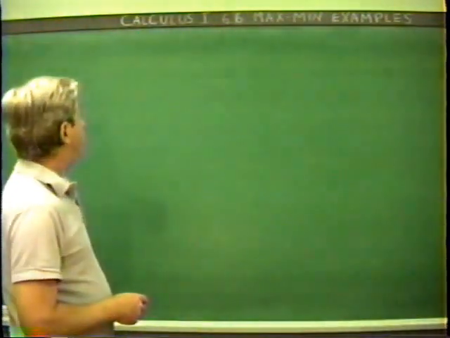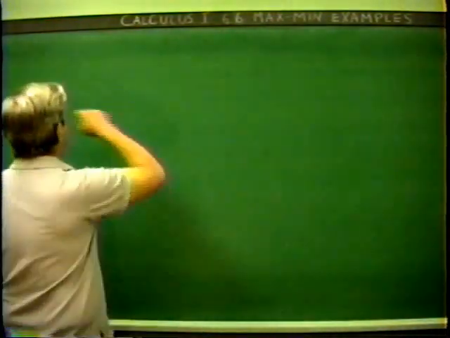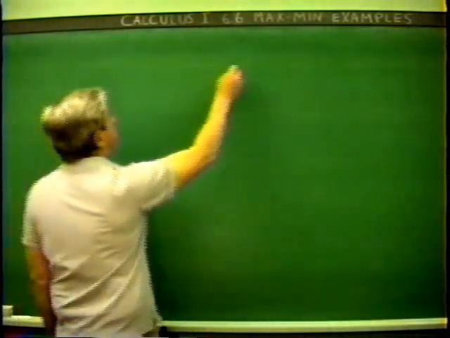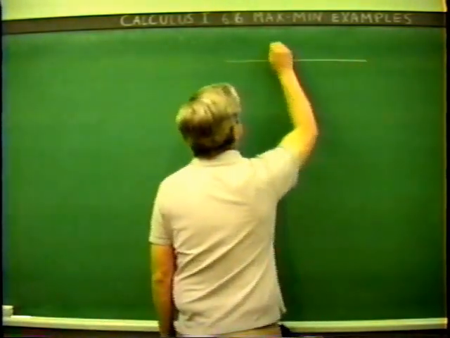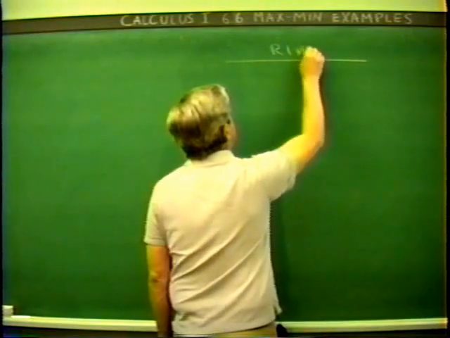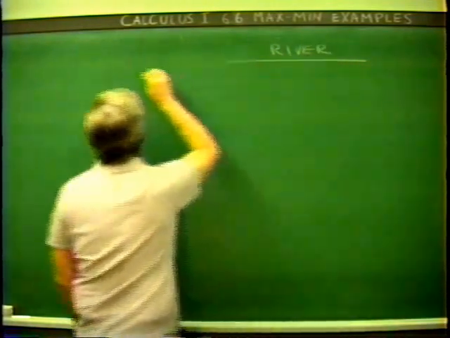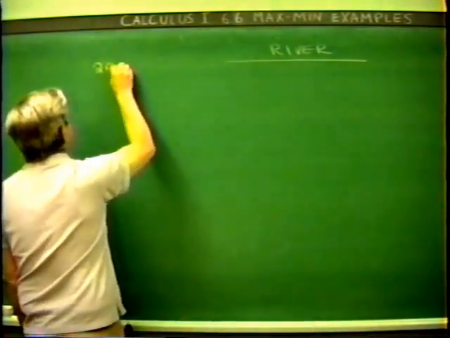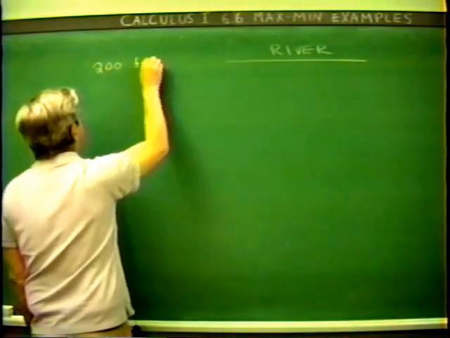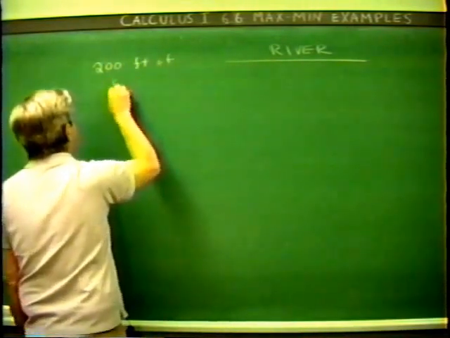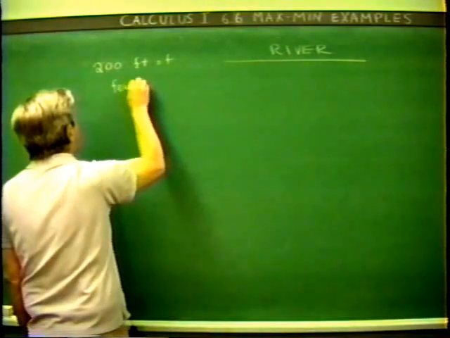Okay, so for a first example of a max-min problem, we want to consider the following. Let's imagine that this is a river up here, right? And that a farmer has 200 feet of fencing.